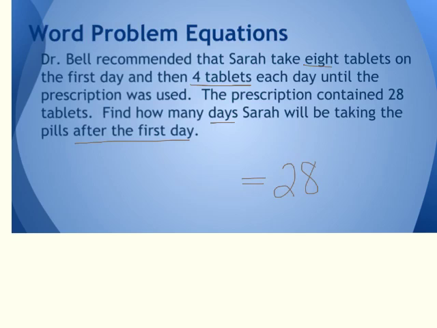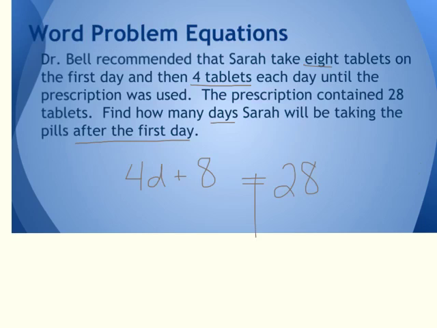So if we set up an equation that says she takes 4 pills per day, 4 times the number of days after the first day that she takes the pills, plus the 8 from the first day, altogether, that should add up to 28. So again, 4D plus 8 represents 4 pills per day after the first day, plus the 8 from the first day, should add up to 28.